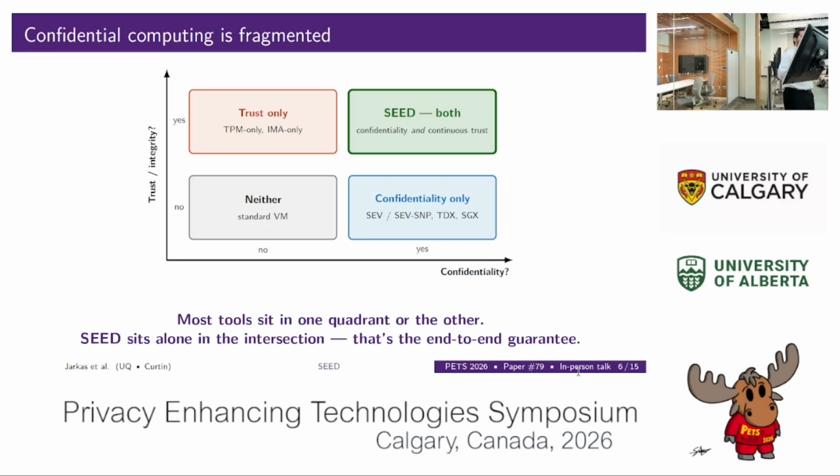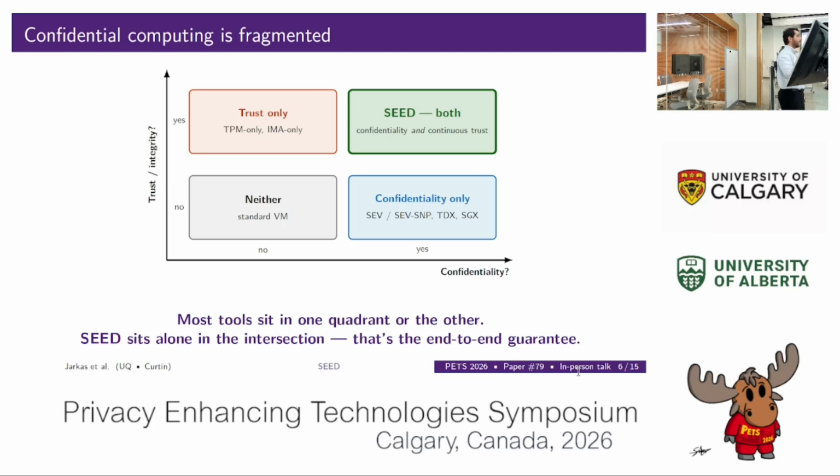However, when we were doing the research, we were trying to see how we can use confidential computing to actually provide end-to-end confidentiality and integrity for AI workloads in the cloud. Most of the work is either in the quadrant of trust only, where you have TPMs and the Integrity Measurement Architecture, which do a good job at verifying your workload in the cloud, or they do a good job at confidentiality.